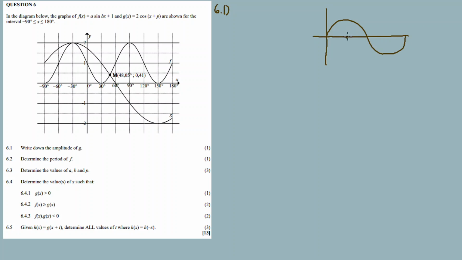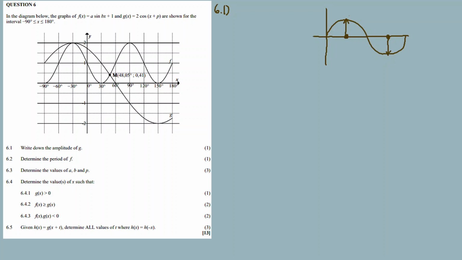The amplitude is always the distance measured from the x-axis all the way up to the peak, or the distance from there all the way down to the trough. This is the crest or the peak, and then this is the trough, the lowest point. Or from there to the maximum, from there to the minimum.